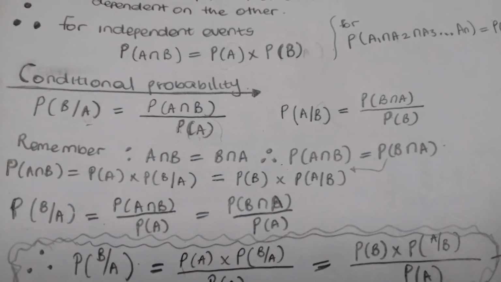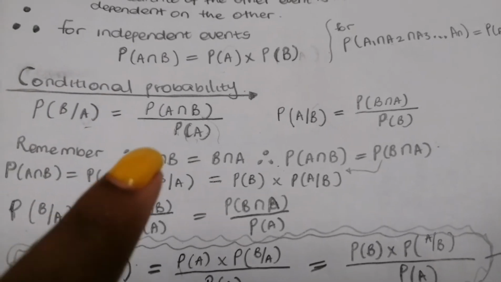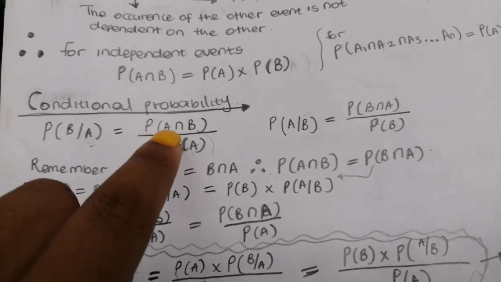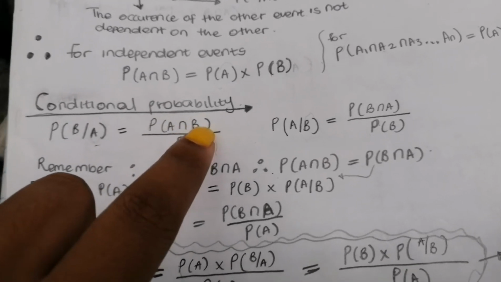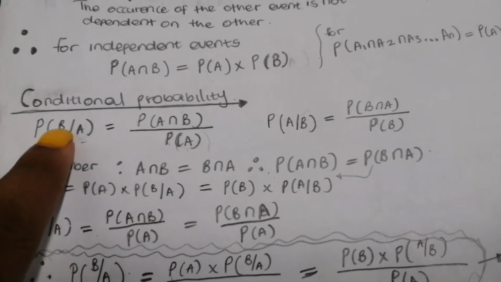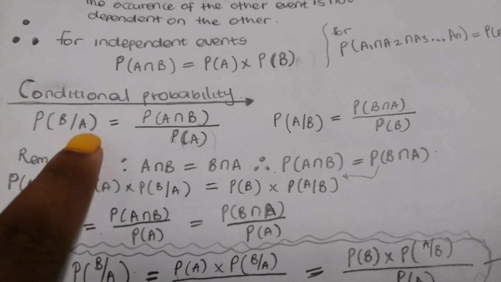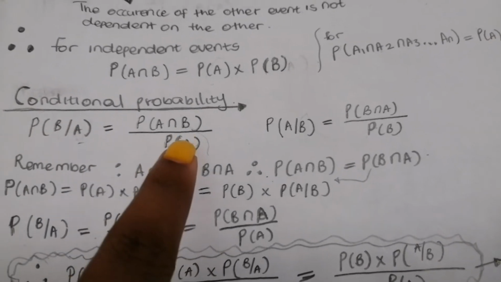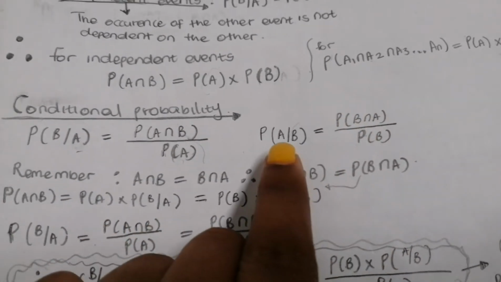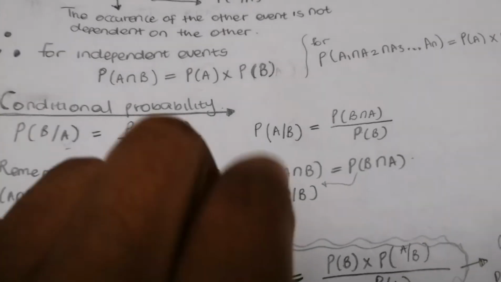So when they are equal, we know that the probability of A intersect B will be the probability of B given that A has occurred times the probability of A. And this probability will be this from the formula.